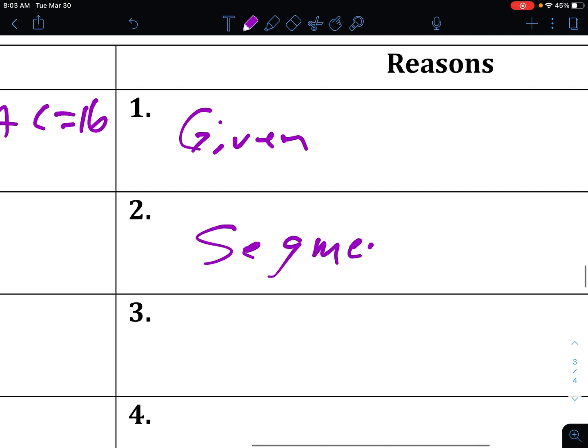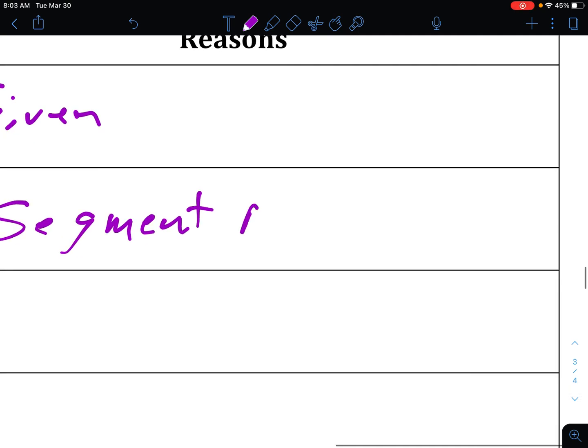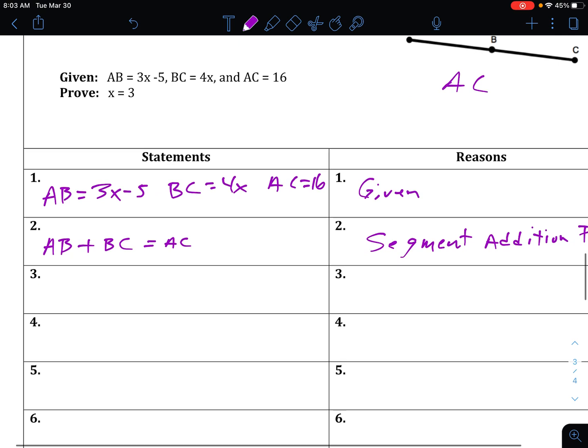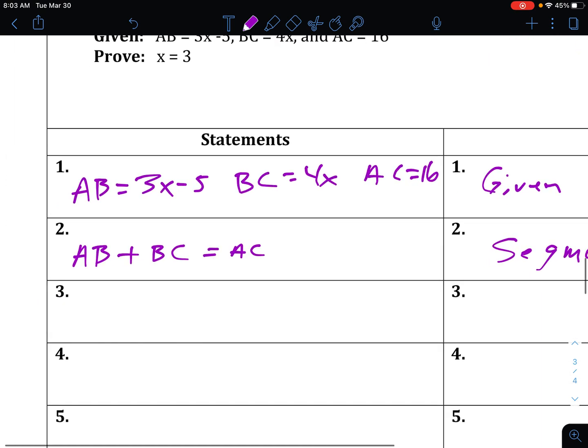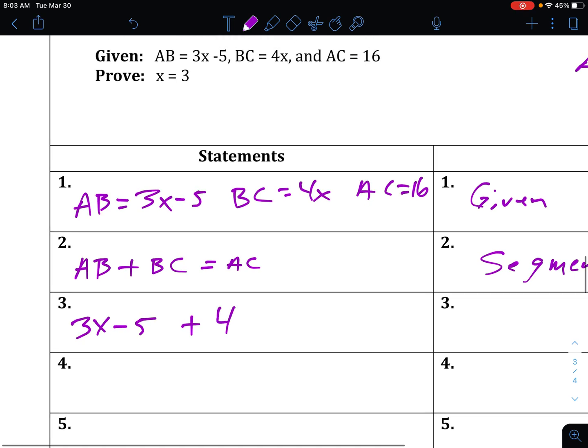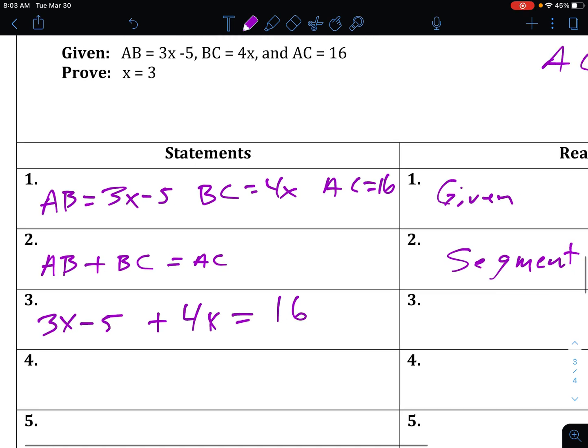That's that concept from first trimester, part plus part equals the whole. All right, and then we're going to sub in the stuff that we know. We know 3x minus 5 plus BC, which is 4x, is equal to 16.